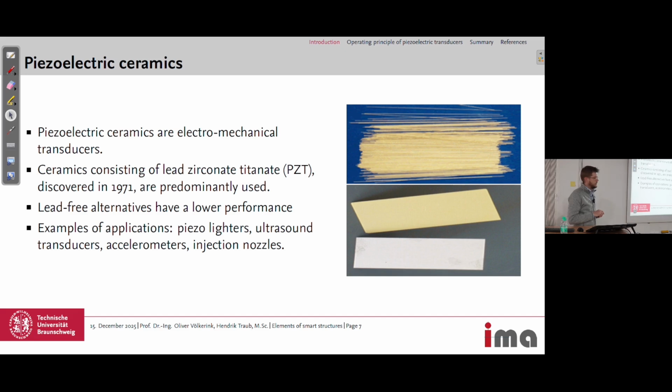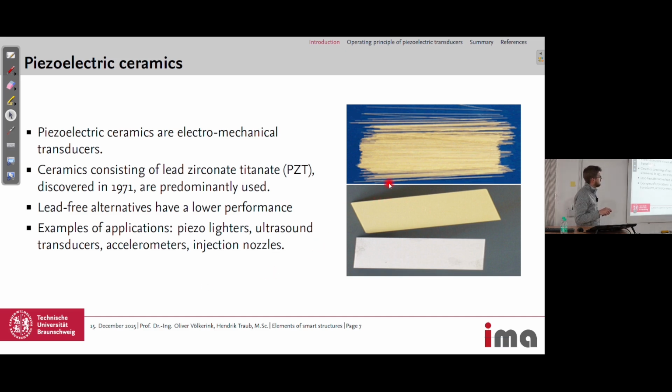Examples of applications you might know are piezo lighters. If you have a lighter where you just click and then the flame lights up, there is a piezoceramic crystal inside, on which you apply a mechanical stress, and then the lighter goes on. Ultrasound transducers, accelerometers, and also injection nozzles in combustion and diesel engines are also made from piezoceramics.